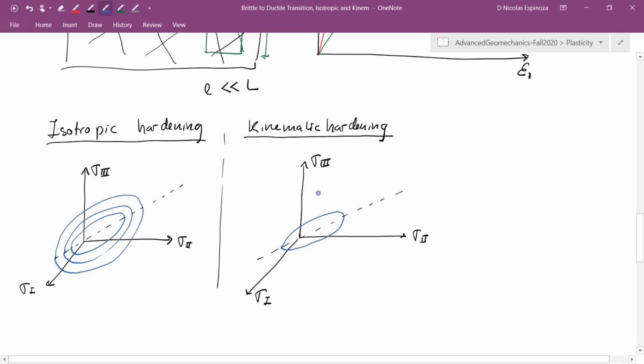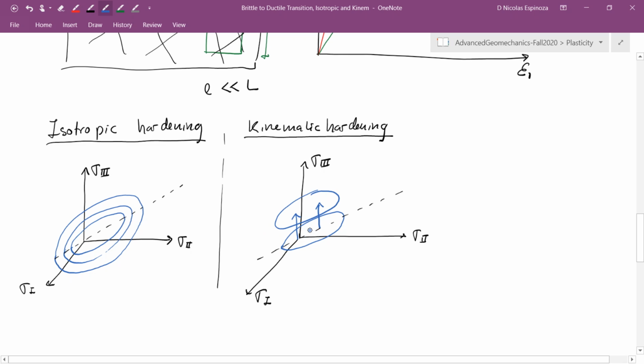And because of that, now the new yield surface may be somewhere over here off the hydrostatic axis. And this type of hardening is not isotropic anymore.